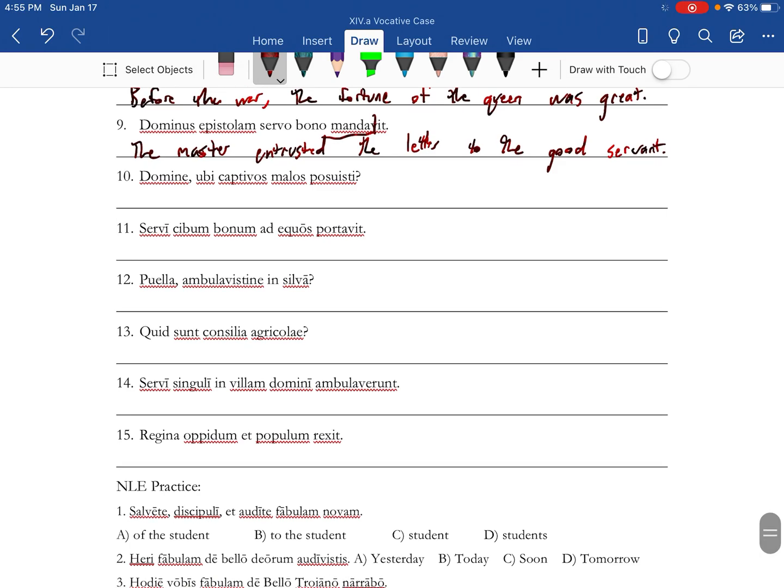Oh, it's going to start doing that flip thing. Alright, we got vocative here, so master. Where? And then we got the isti perfect tense. Did you put the bad captives?